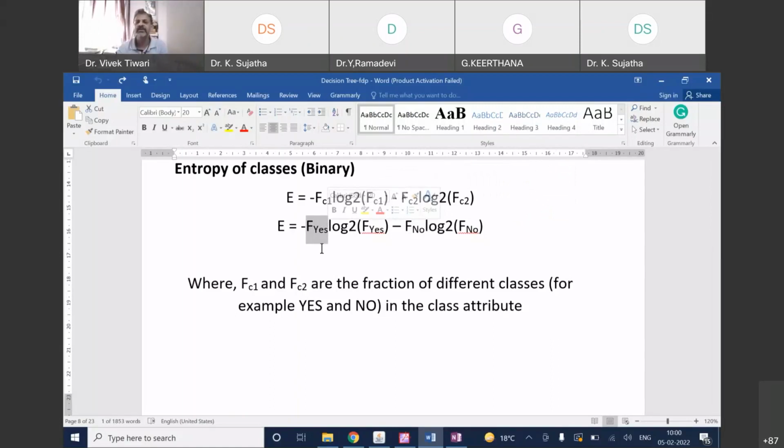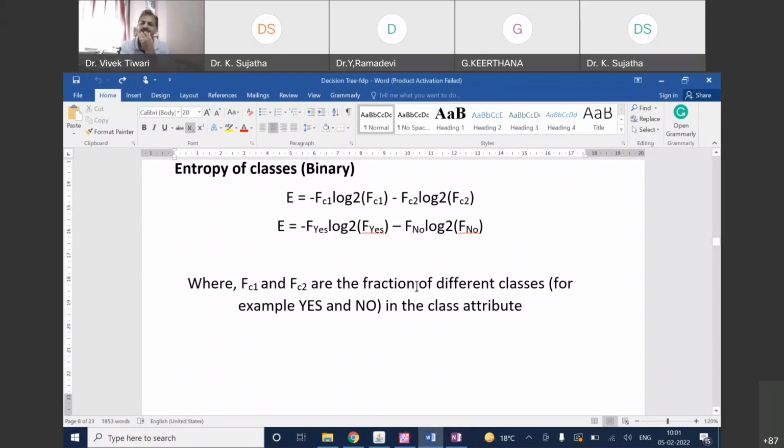It is called the fraction of class yes, or class C1. Then the formula is minus fraction of class C1 times log base 2 of that fraction, minus fraction of class no, the number of observations belonging to class C2, times log base 2 of the same value. This is the example for binary classification.